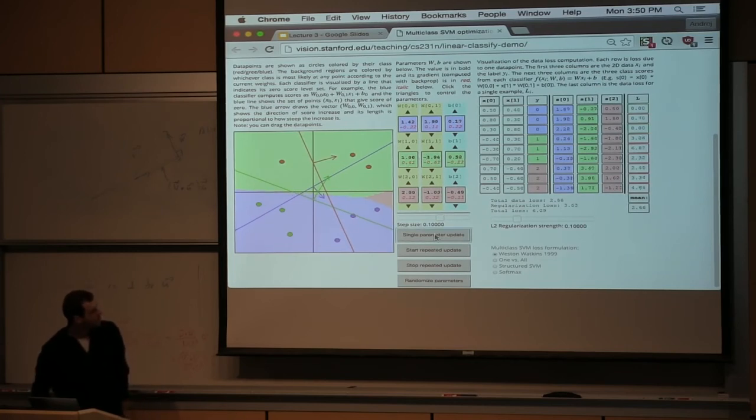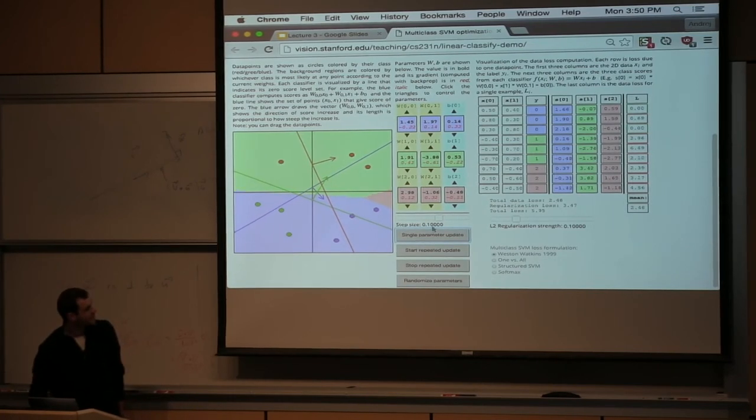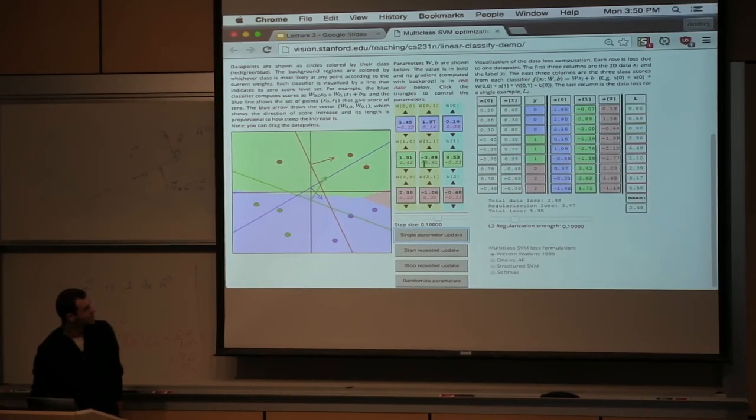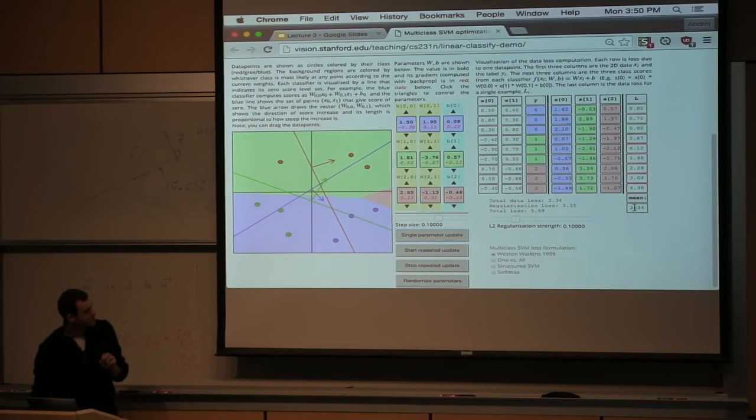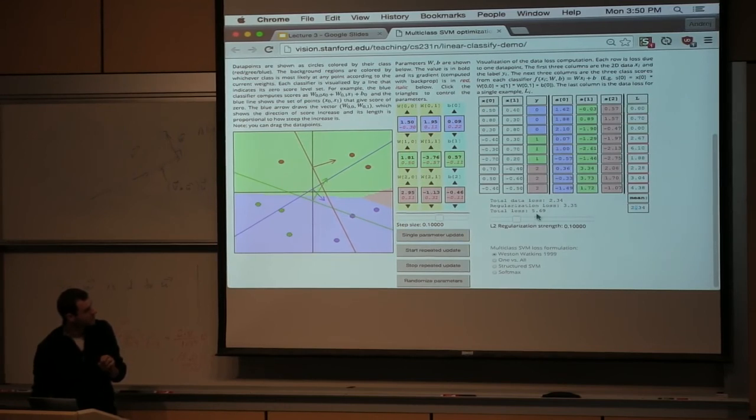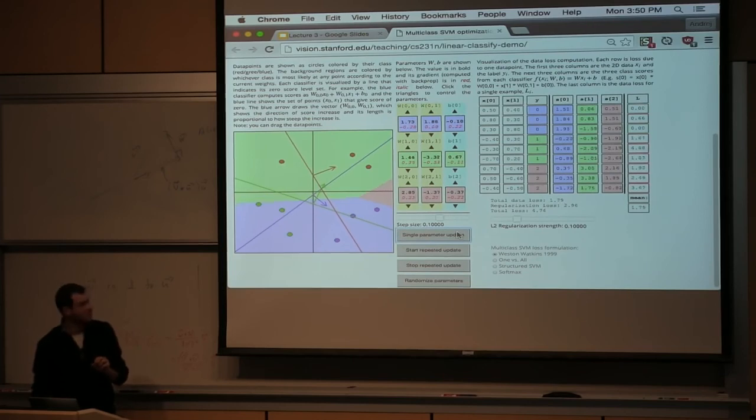When I do a parameter update, it's using these gradients, which are shown here in red, and it's making a tiny change to every single parameter according to this gradient, right? As I do parameter updates, you can see that the loss here is decreasing, especially the total loss. So the loss just keeps getting better and better. This is the process of optimization that we're going to go into in a bit.